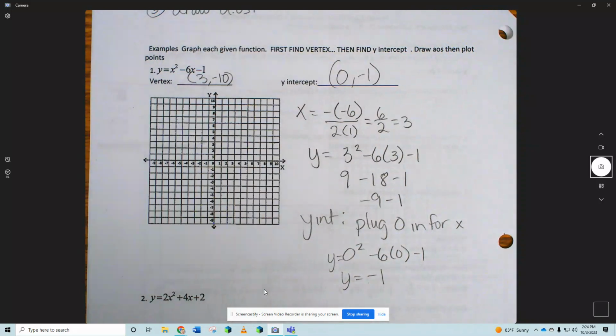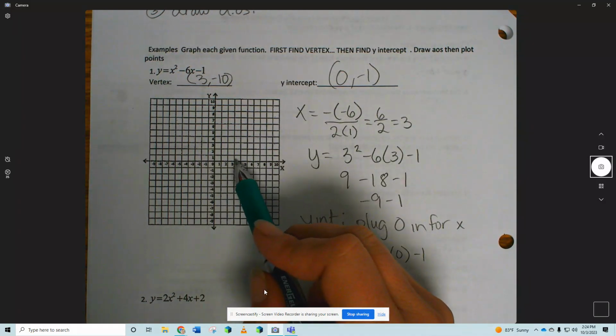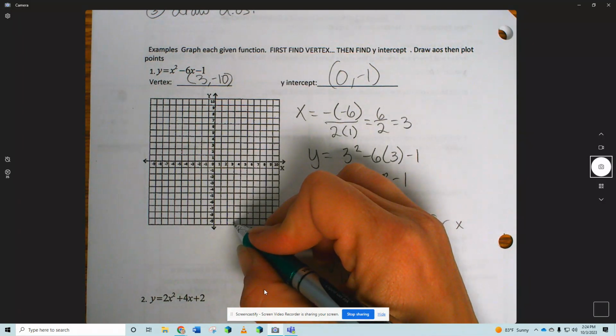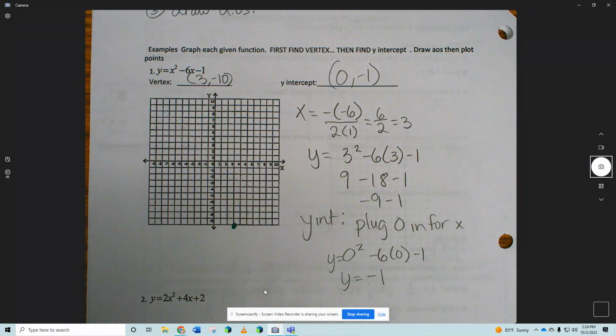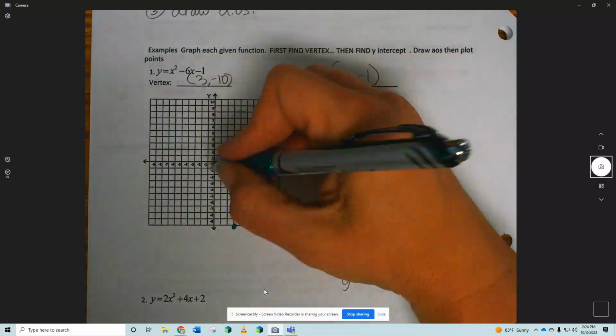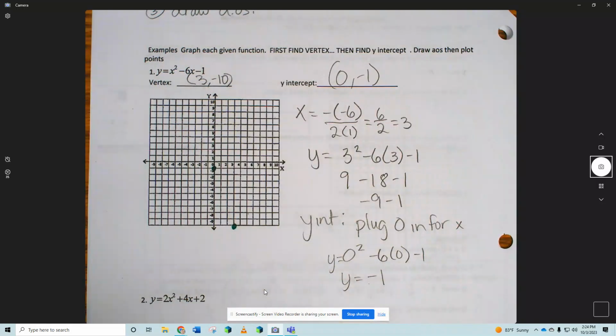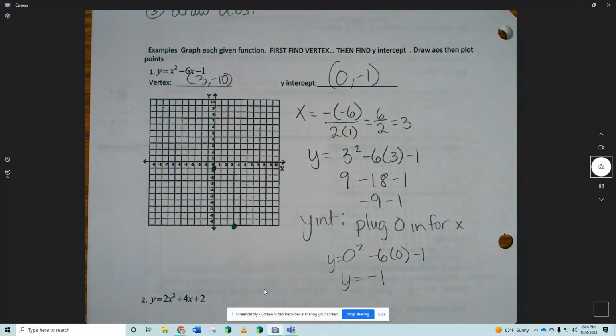So here's what we need to plot. I need to plot my vertex at 3, negative 10, over 3 down 10. Go ahead. I'm also wanting to plot my y-intercept at 0, negative 1. Okay.